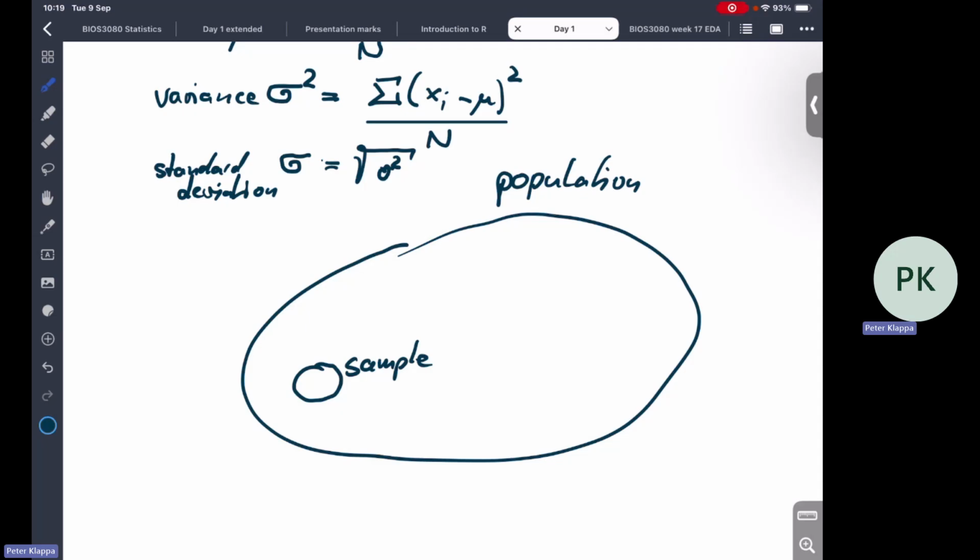And these predictions could be, for example, I take the sample mean, just simply the mean that we calculated yesterday, and say this mean makes it quite likely that this is also the mean of the population.